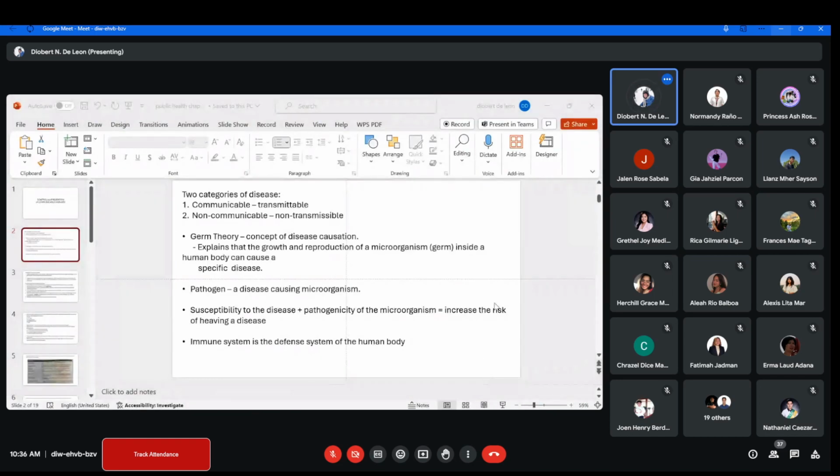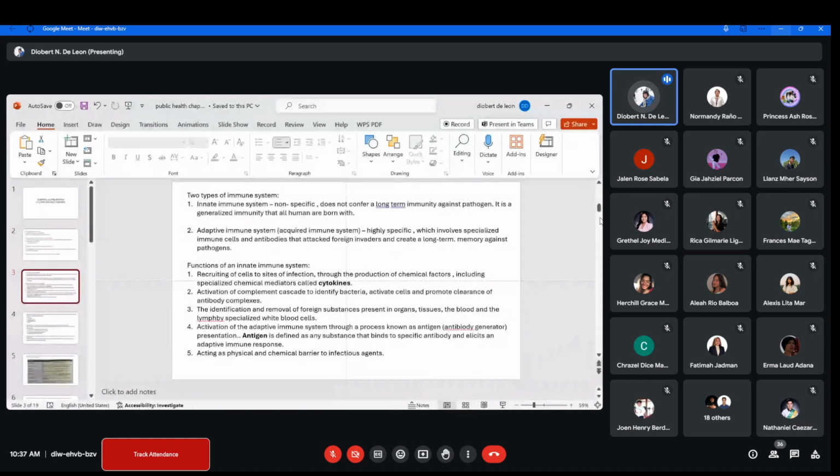So, the human body is equipped to defend itself from these pathogens. This defense is referred to as the immune system. So immune system is the defense system of the human body.